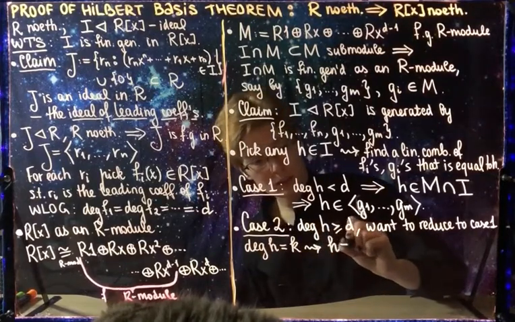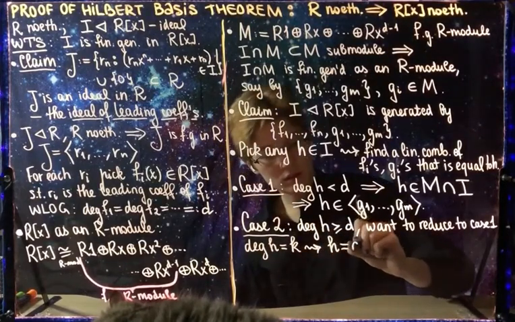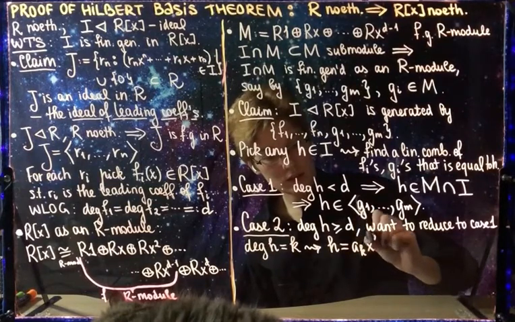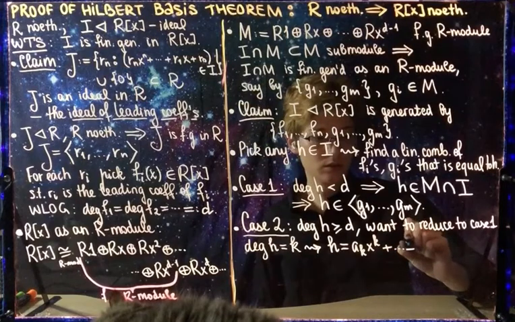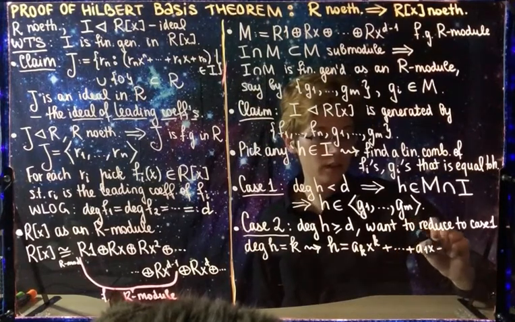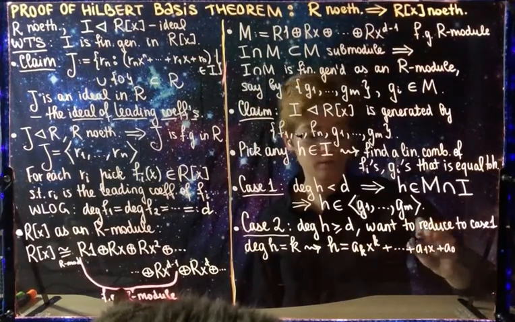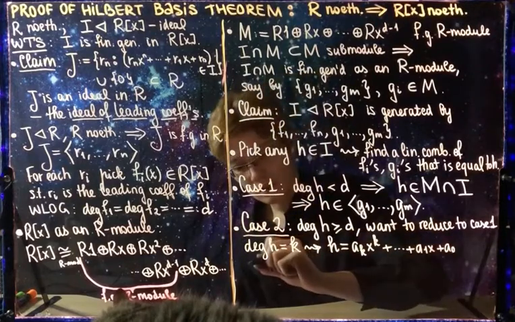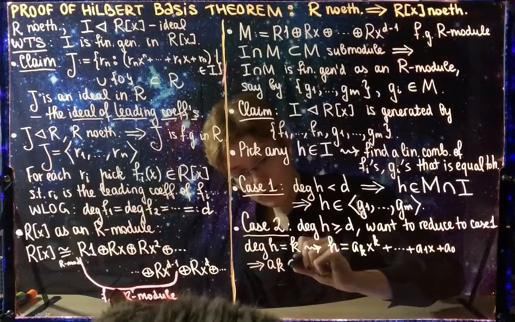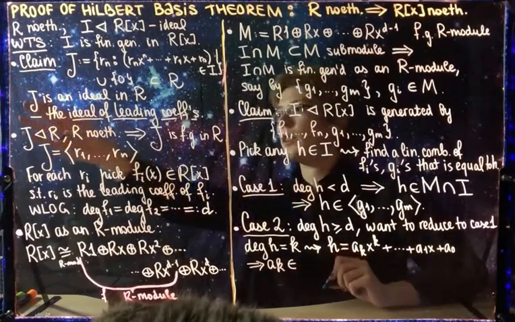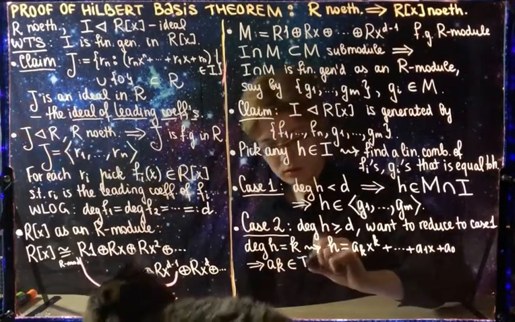Then I can write h as ak x^k plus dot dot dot plus a1x plus a0. And ak is the leading coefficient of h, and therefore it lives in the ideal of leading coefficients.